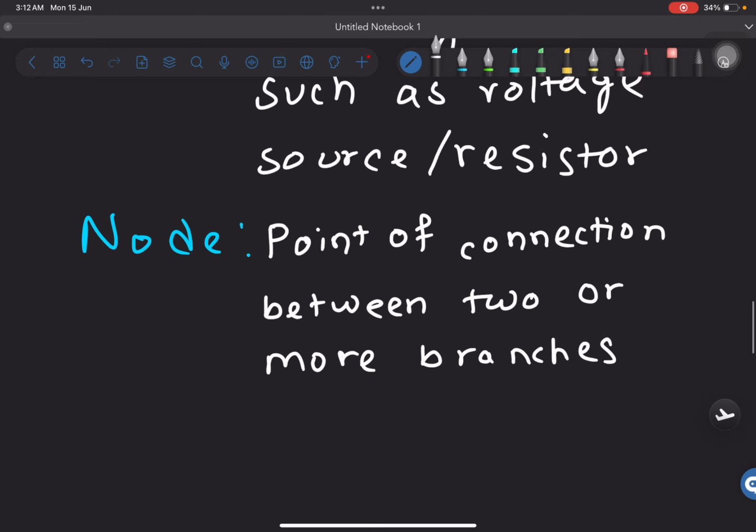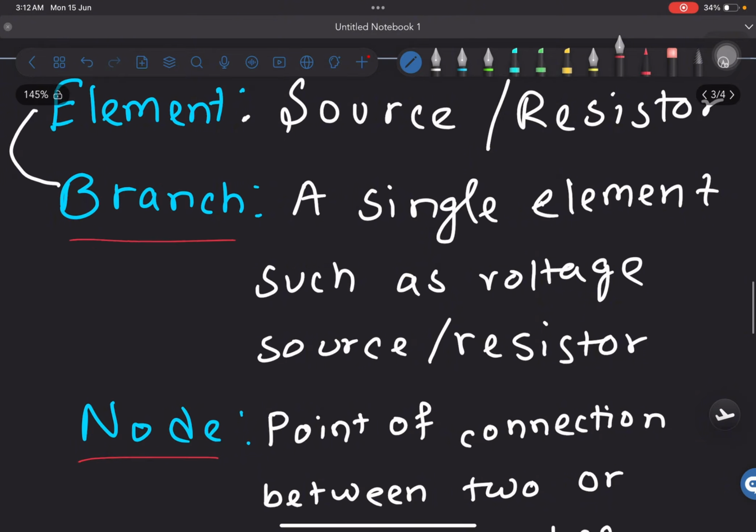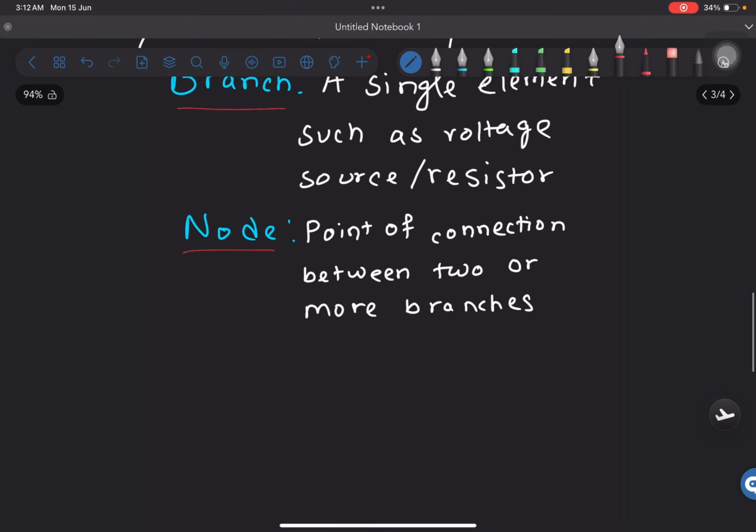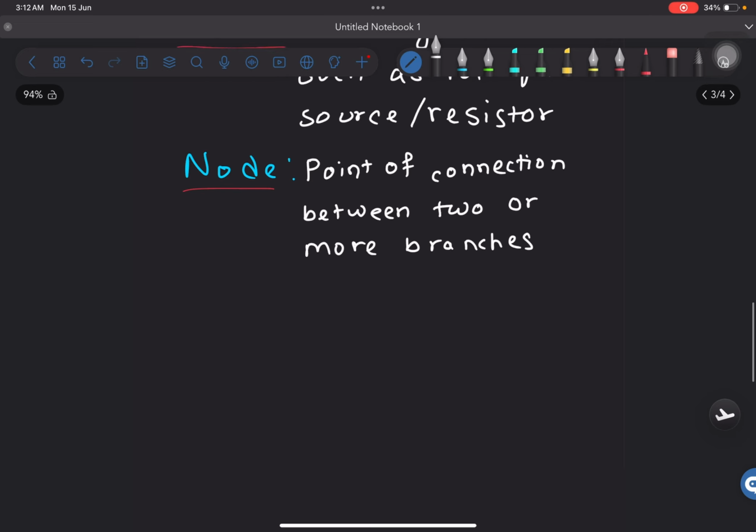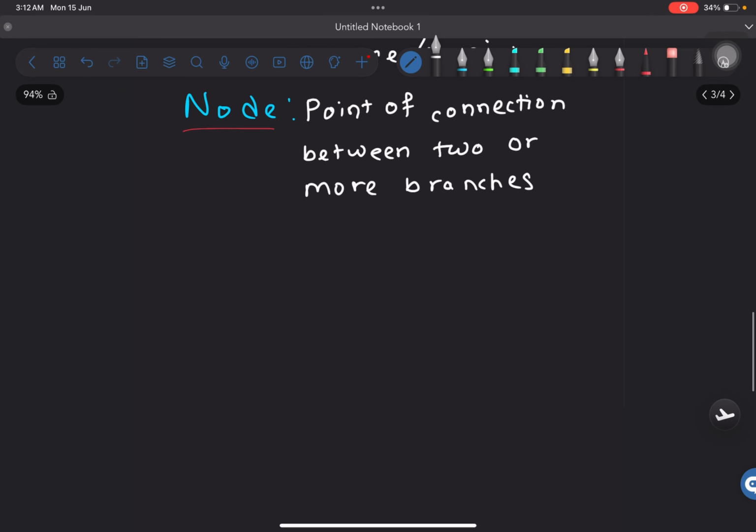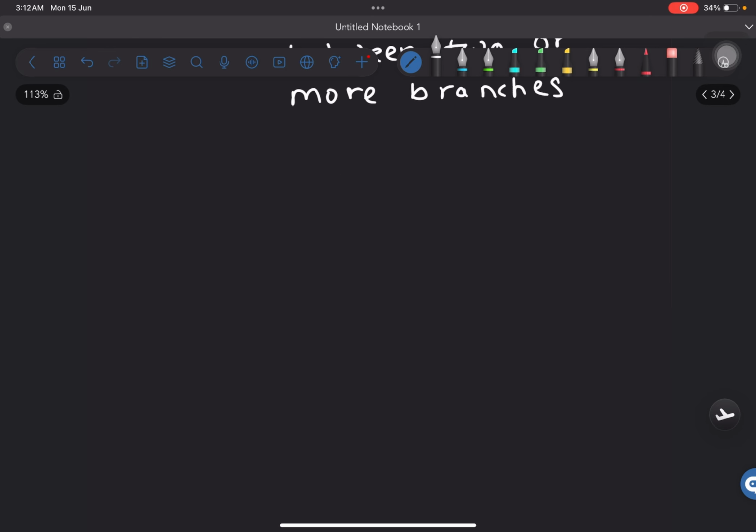And to understand series and parallel, node and branch are the 2 things that you need to understand completely. Now, I'll draw a circuit so you understand the concept of node and branch better.